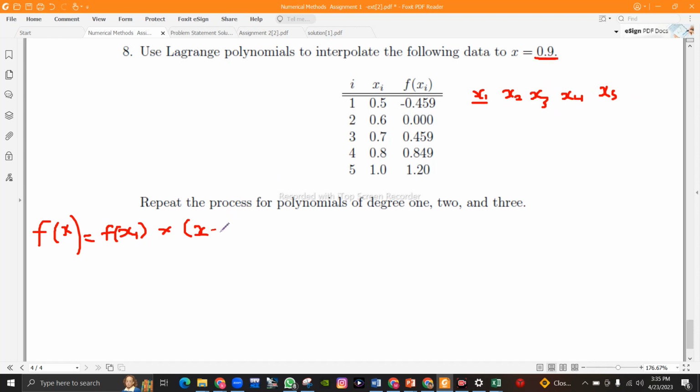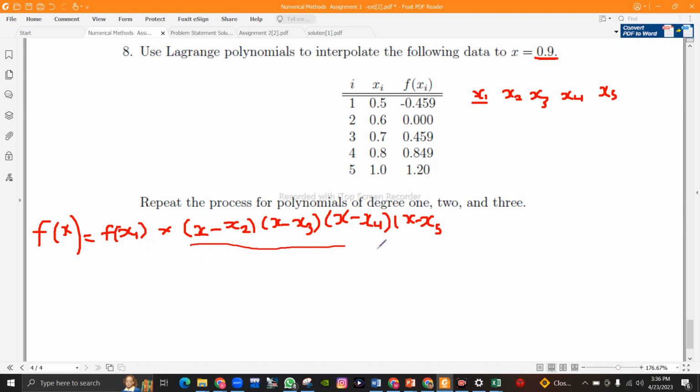That's minus x2, x minus x3, x minus x4, x minus x5. We did not do x minus x1 because we are interpolating with x1 for now.